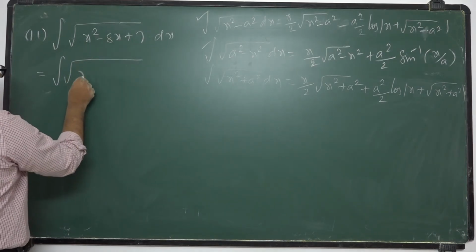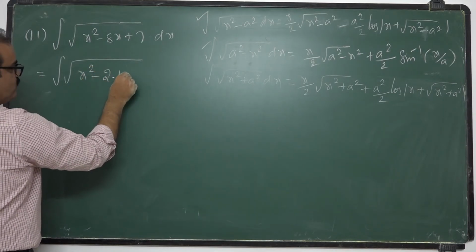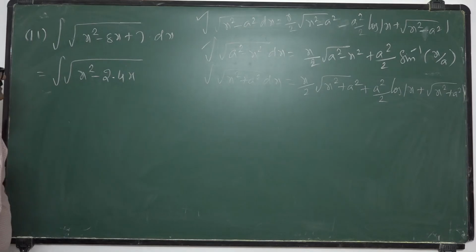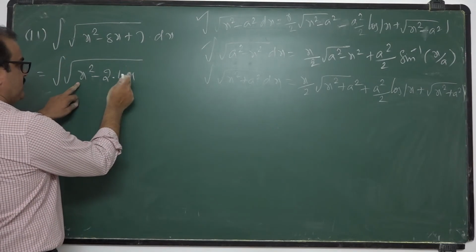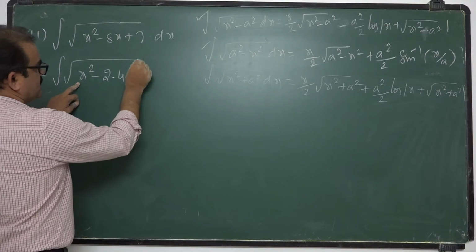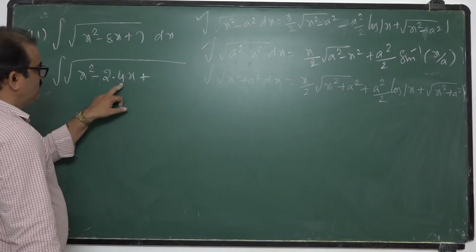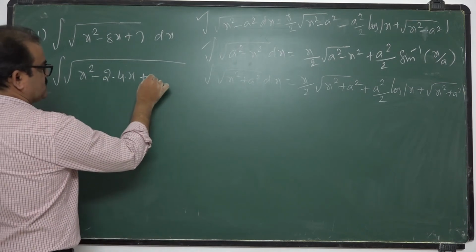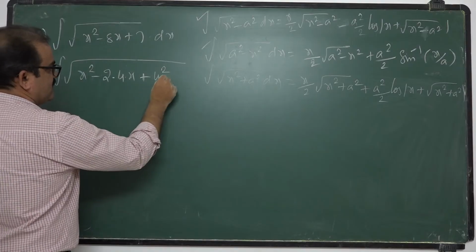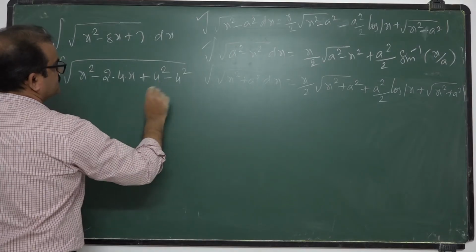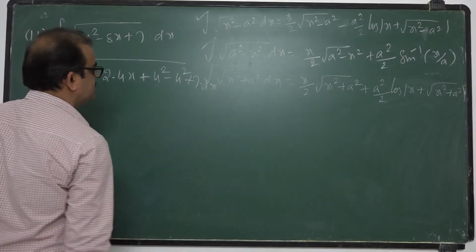So you write it as x square minus 8x, where 8 is taken as 2 into 4 into x. It is in the form of a square minus 2ab. You write plus b square. What is b here? 4. Plus b square is plus 4 square. If you add 4 square, you must subtract it, plus 7 into dx.